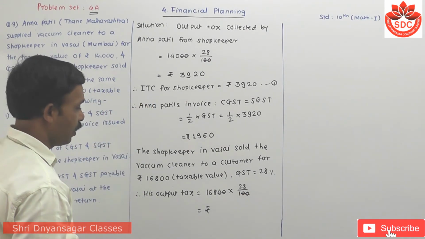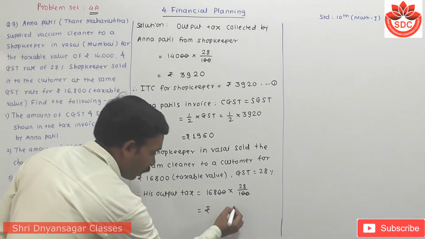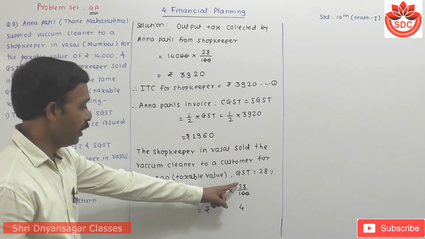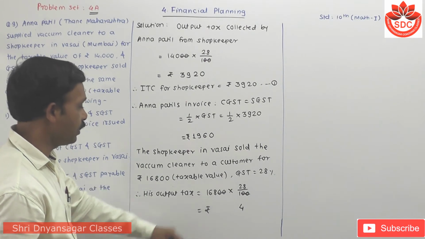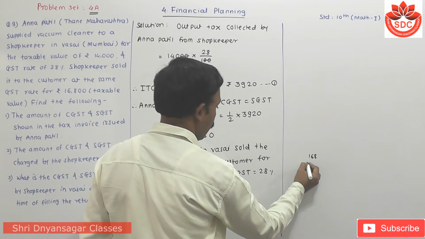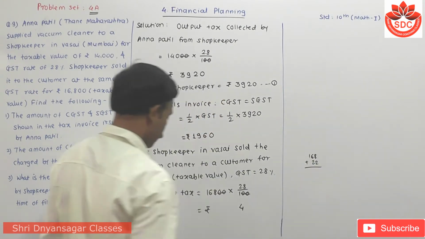28 8s are 224, carries 22 here. Then 28 6s are 168, plus this carry 22.